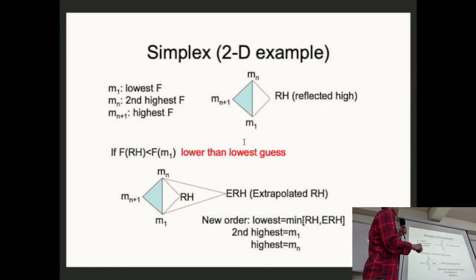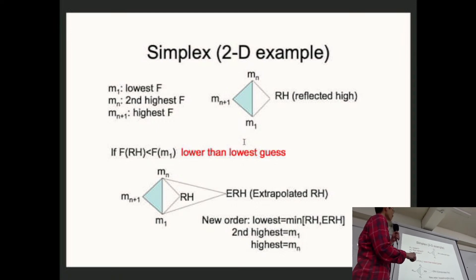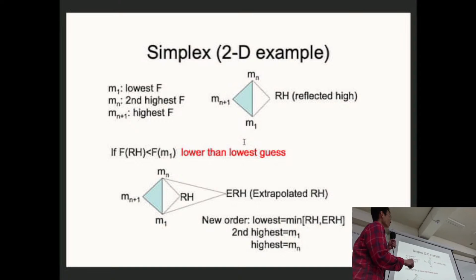Then we evaluate this point, and if we find this is lower than the lowest case, this is even lower. If this is even lower, the solution will be somewhere here, right? The solution is impossible to be here, right? Somewhere here or somewhere here. But if this is lower than this, of course, you may imagine the solution somewhere in that direction, right?